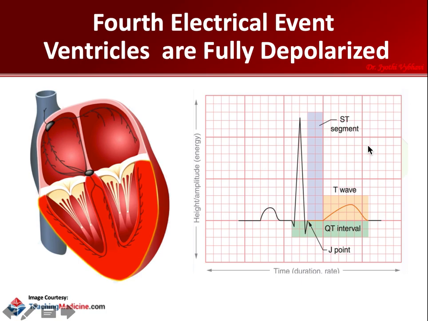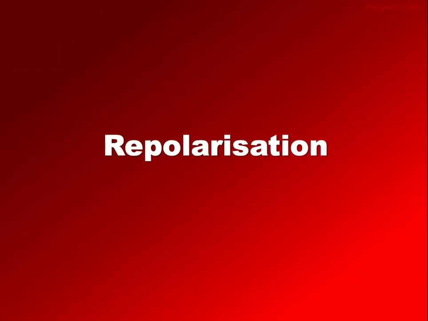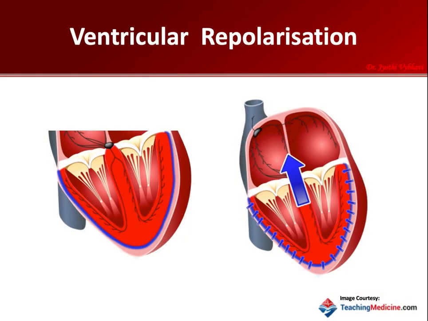And after this, what is the major event? Of course, after depolarization, there should be repolarization. So onset of repolarization starts, and it is in reverse order. It comes from the epicardium to the endocardium. The rule of repolarization of the cardiac ventricles is that the part which depolarizes last is the first to repolarize.